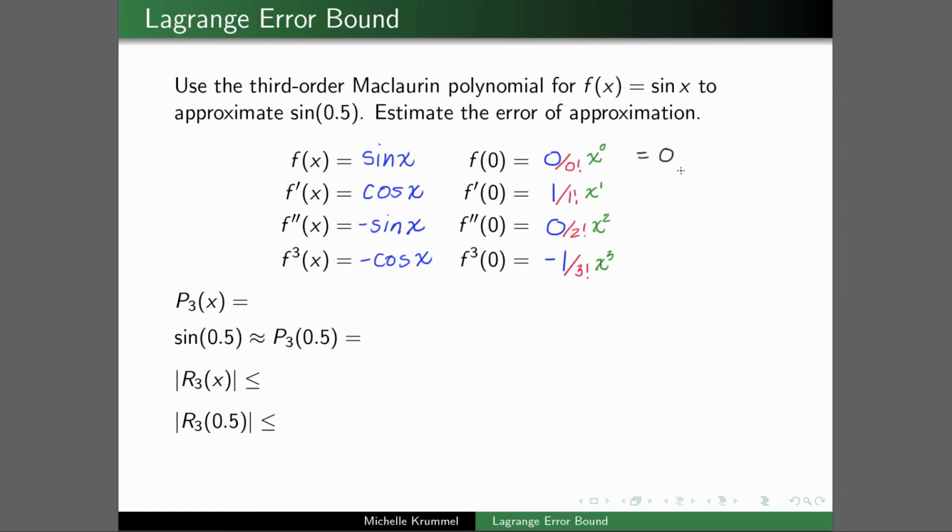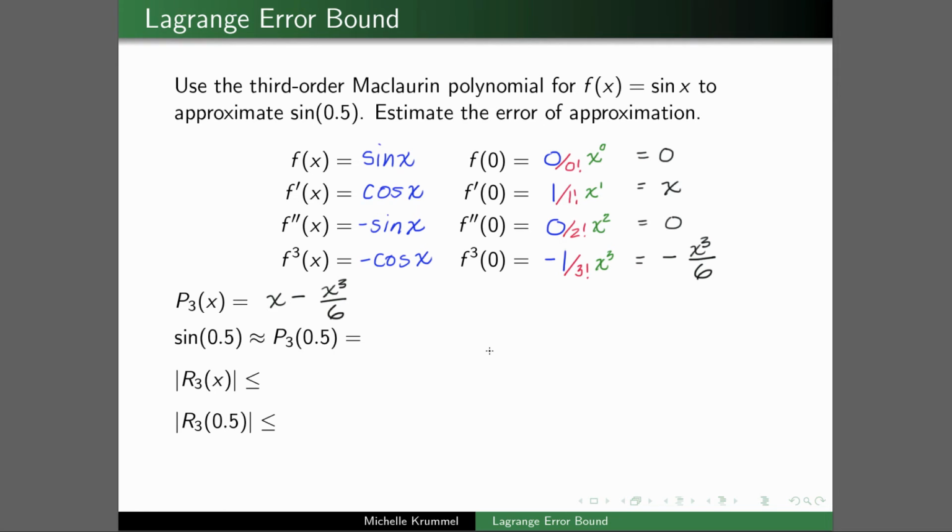This equals 0, x, 0, and negative x cubed over 6. So my third degree Maclaurin polynomial for sine of x is x minus x cubed over 6.